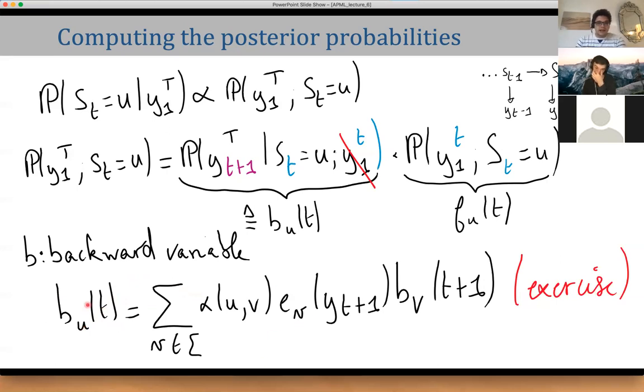The probability of a sequence given I'm on state U at position T is the same as saying I move from U to V, I observe Y_{T+1}, and I have again my recurrent variable. So you just go forward, and that gives you your recurrence on the backward variable.